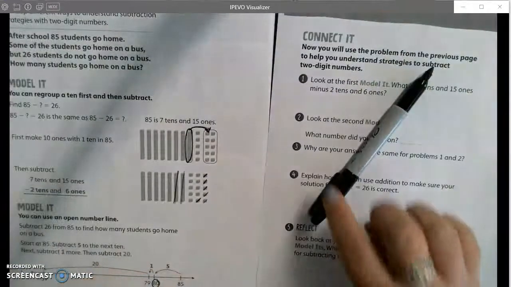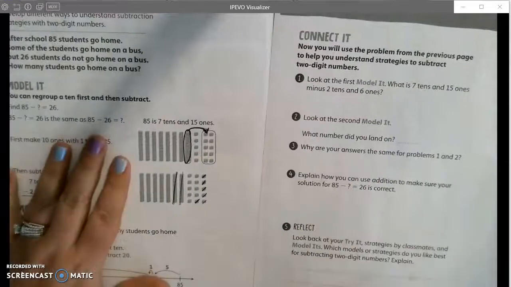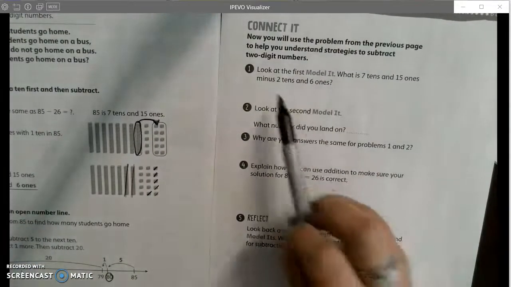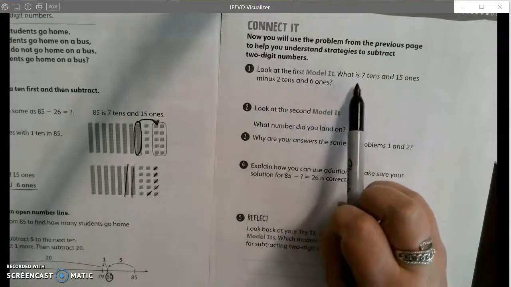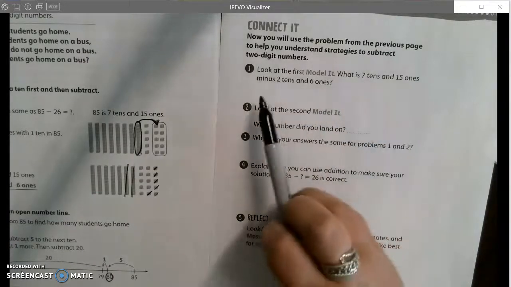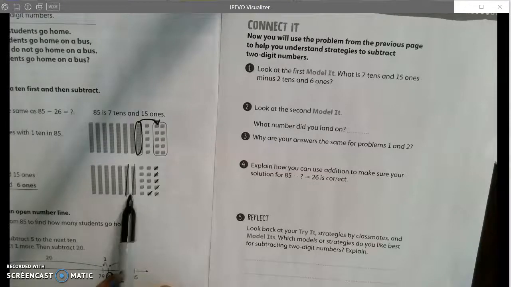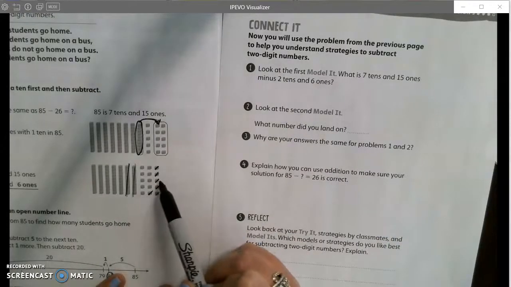Okay. So the Connect It page always looks at the Model It page. Look at the first Model It. What is 7 tens and 15 ones minus 2 tens and 6 ones? So if you're looking here, there's 1, 2, 3, 4, 5, 6, 7. 7 tens and 15 ones.